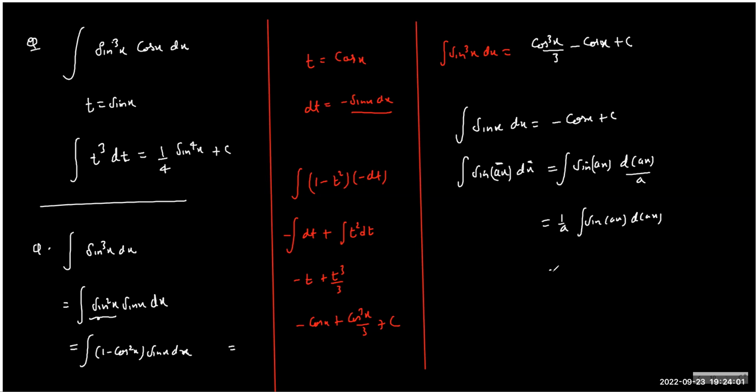So the answer becomes minus cos ax, but a will come in the denominator. So when you multiply x by some number, you have to rewrite this in the same fashion, and therefore you have to divide by a, and you're done. Is it difficult to remember? Or is it okay?